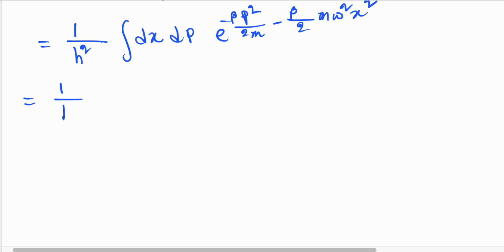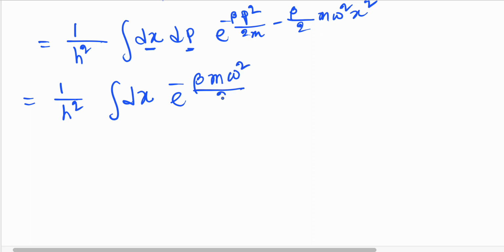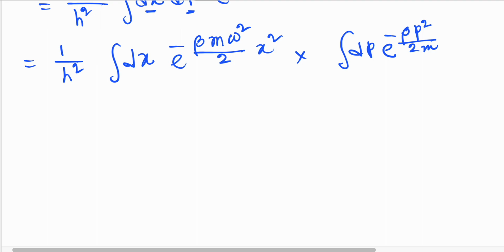Since we can write the integration of x and p separately, let's separate it out: integral dx e to the power minus beta m omega square by 2 x square, and integral dp e to the power minus beta p square by 2m. Let's do the first integral first, then we will do the other.